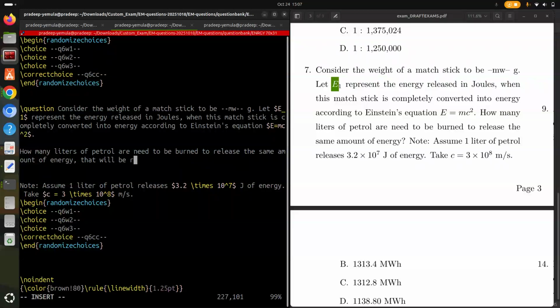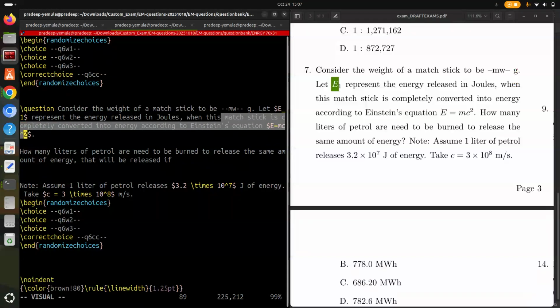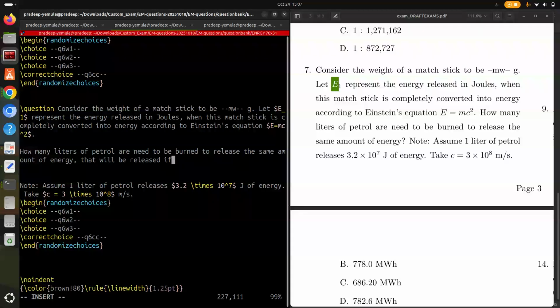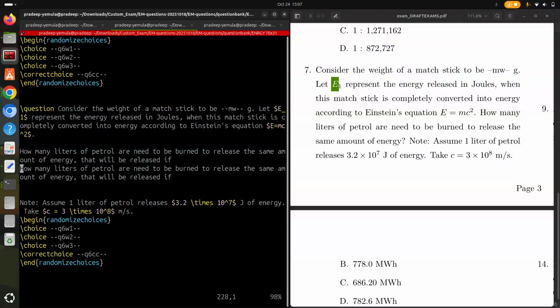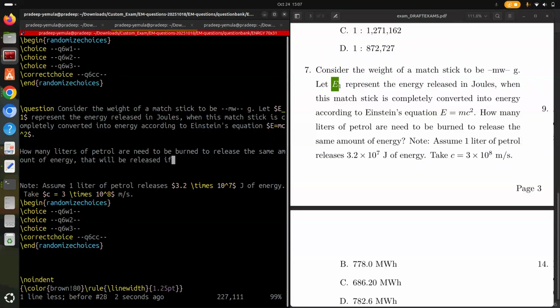That will be released if... Just a minute.